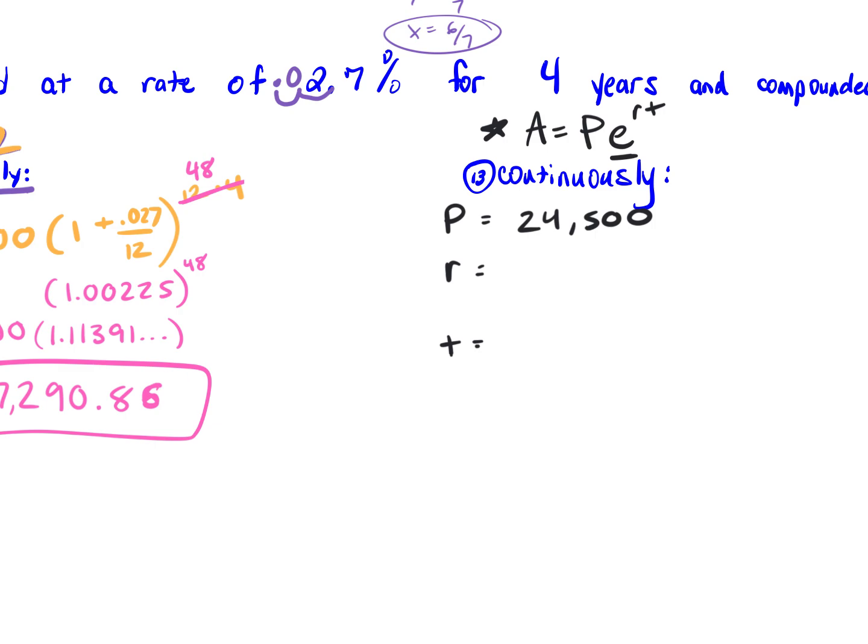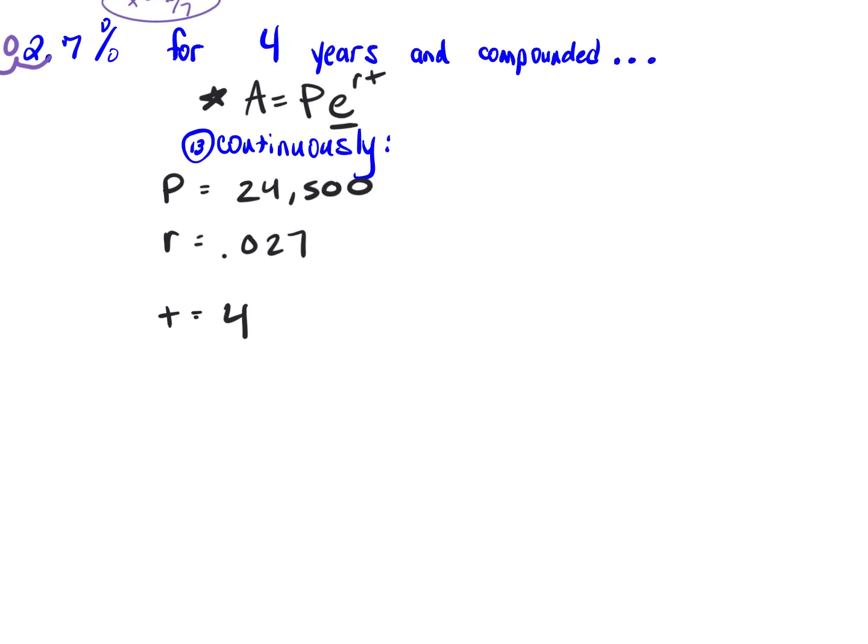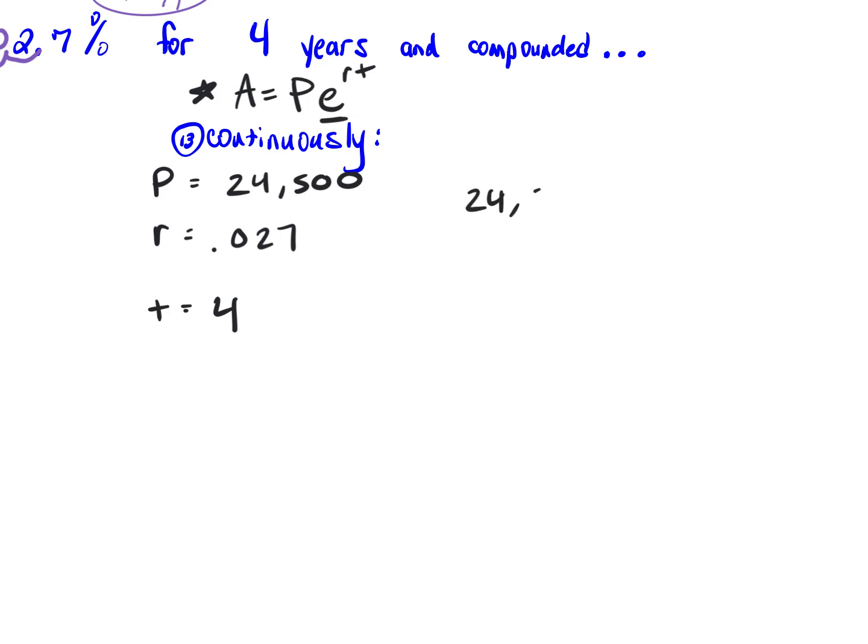So P was 24,500. R, again, is the decimal version of our percent, so 0.027, and time was 4 years. So when we plug this in, we get 24,500 times E to the power of 0.027 times 4. We have to do the exponent first.